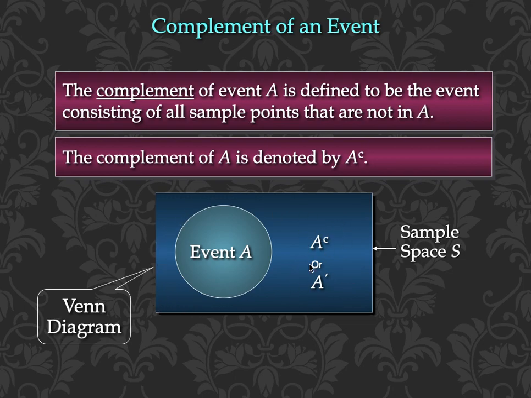This blue region is denoted by the complement of event A, indicated by A prime or A^C, or A to the C. Recall that in algebra or set theory, we refer to this illustration as a Venn diagram. We will see later on in some probability problems that visualizing it using a Venn diagram may be helpful.